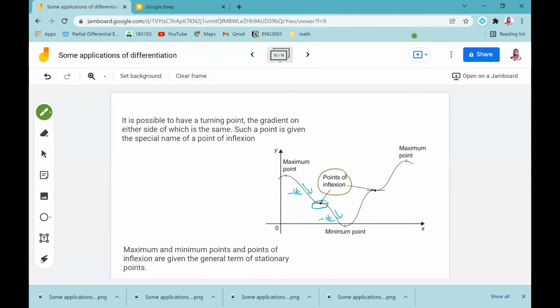Same goes to the right side. Before the turning point, it is going upward, so it is positive. After passing the turning point, the gradient is still going upward, so it is still positive, the same. So this one here is also a point of inflection.